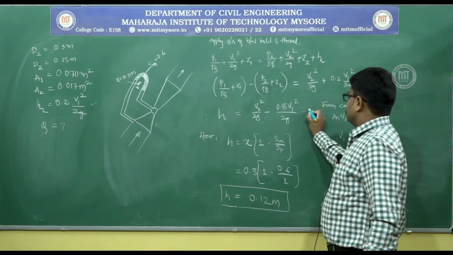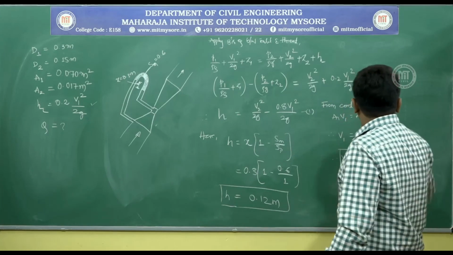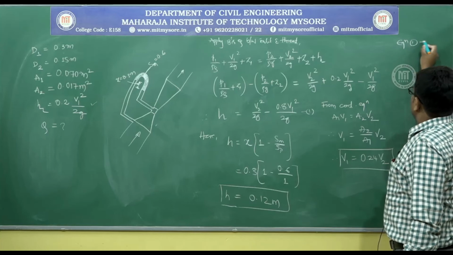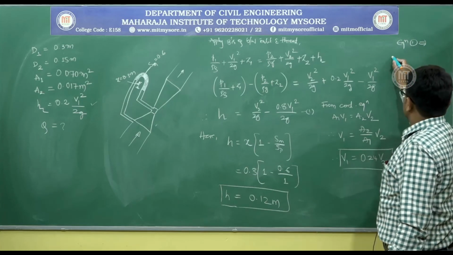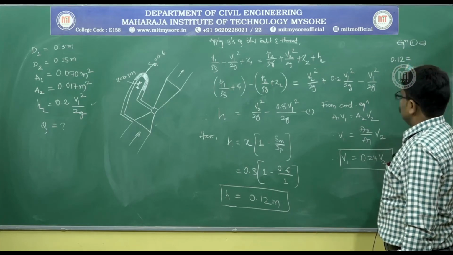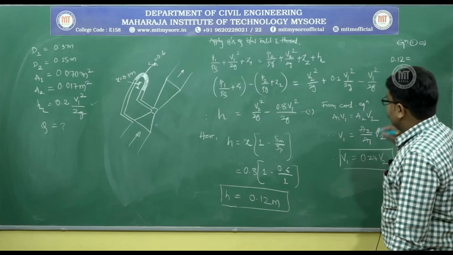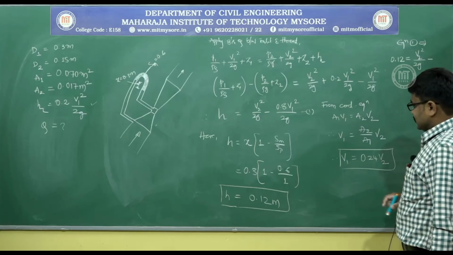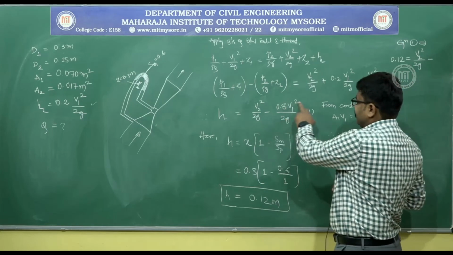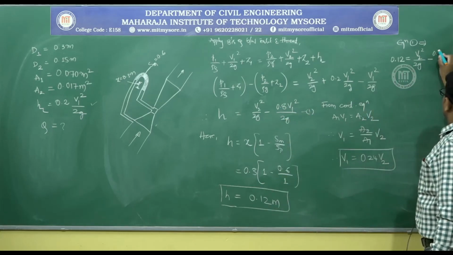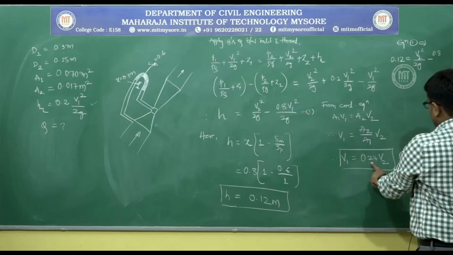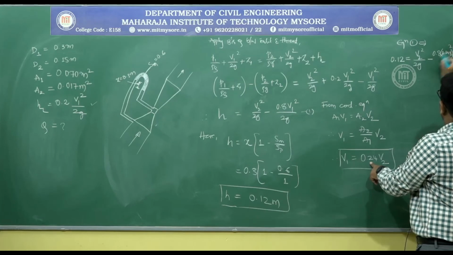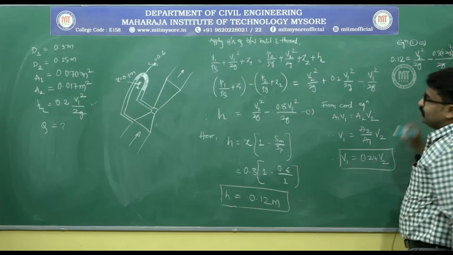I would have called this equation 1. Therefore, equation 1 becomes, in place of H I will write 0.12, is equal to V2 square by 2G minus, in place of 0.8 V1 square I will write 0.8, and V1 is nothing but 0.24 V2, whole square, divided by 2G.